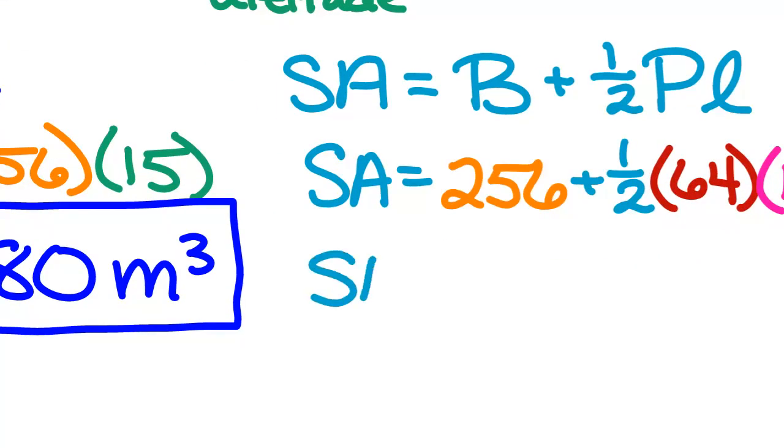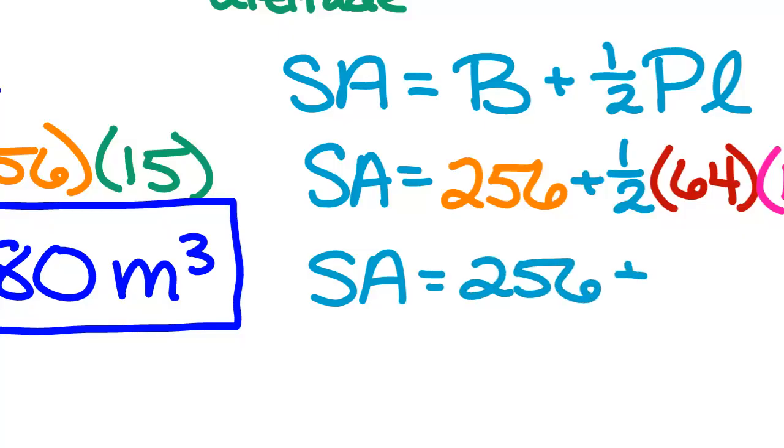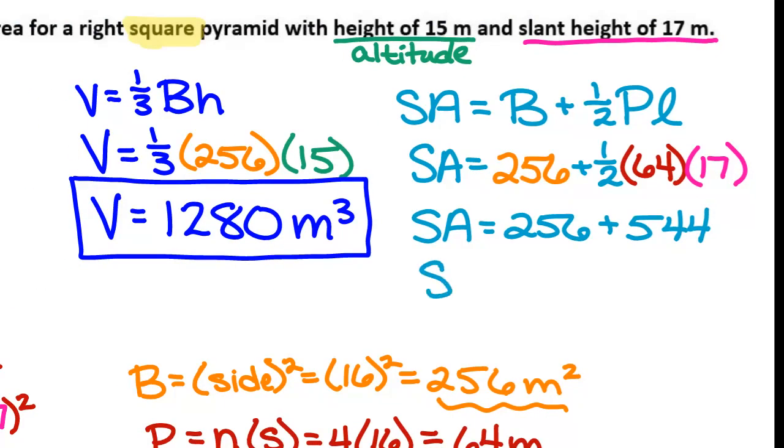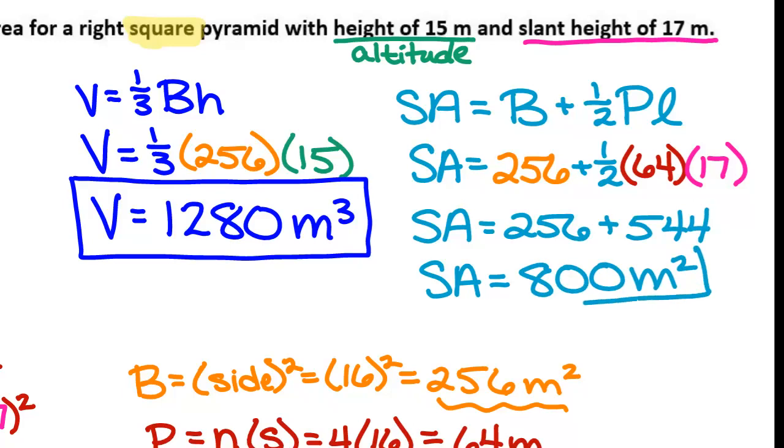All right, so surface area is equal to 256 plus what? What is 1/2 times 64 times 17? 544. And then we add those two together and we get what for our total surface area? 800 meters squared is absolutely correct.